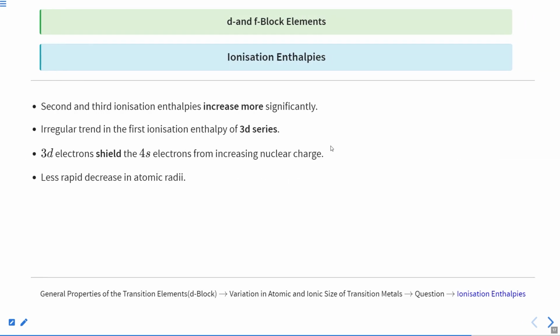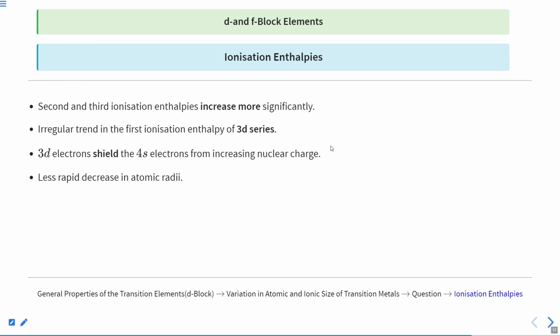Let us look at that in the next class: what does the first transition series look like? If we talk about the second and third transition series, the increase is more significant. Irregular trends in the enthalpy of the first, or 3d, series are seen. We have talked about why this is happening, because of the relative energies, or you can say the reorganization of electrons in the d orbital. Clear?